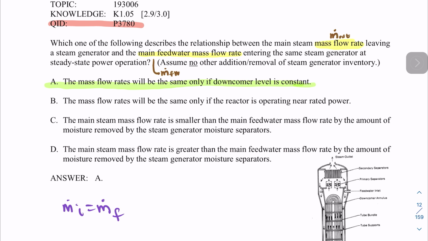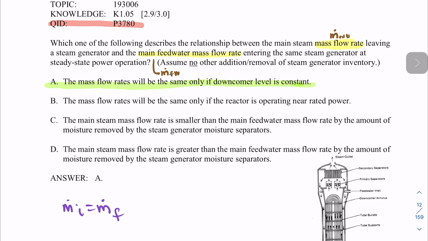So assume no other addition or removal of steam generator inventory. So in this one, what is the situation with this mass flow rate?